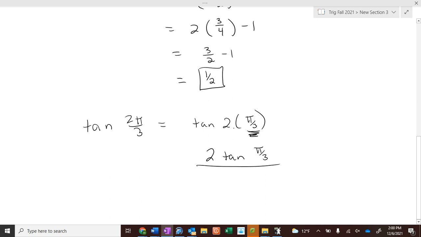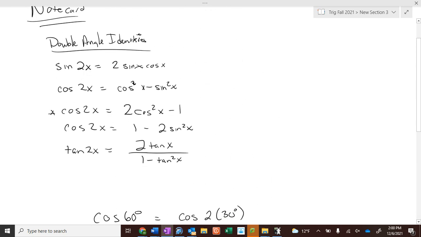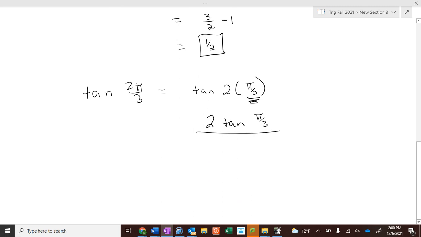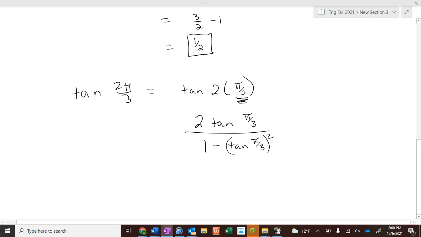Because you started with 2 pi over 3, which is 2 times pi over 3. Over 1 minus tangent of pi over 3 squared. So far, so good, right? The biggest thing is knowing how to turn 2 pi over 3 into 2 times pi over 3. Besides that, you just plug it into a formula.